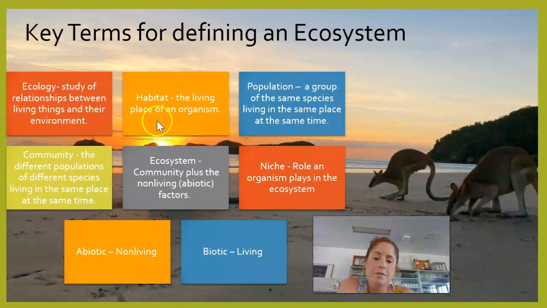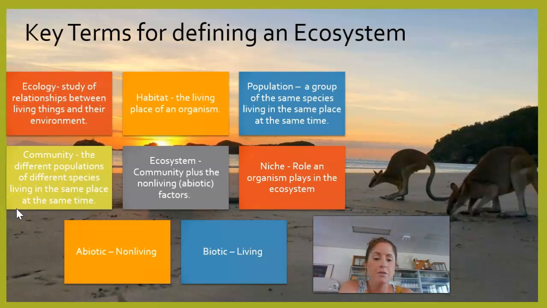Obviously, a habitat is a place where an organism lives. You probably already know that. Now, the differences between populations and communities: populations are groups of the same species living in the same area, whereas communities are groups of different species living together in the same place.